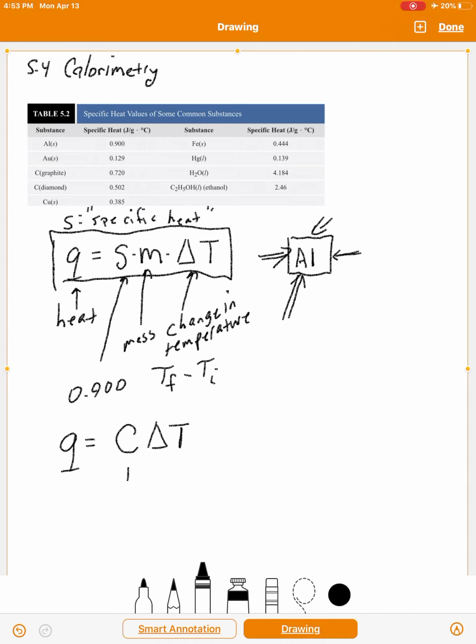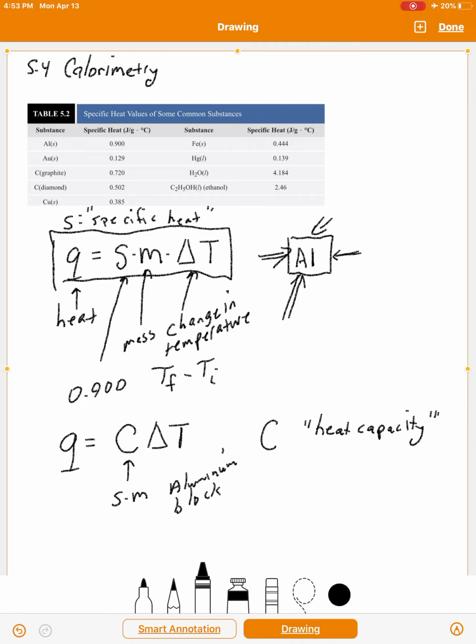In this case, the uppercase C is equal to S times M, if it's an aluminum block, for example. The mass times specific heat would be equal to this capital C, and capital C is called the heat capacity. So it's just equal to the specific heat times the mass.